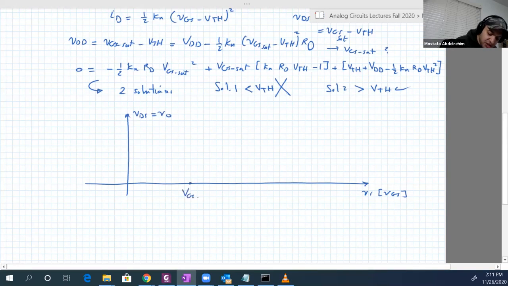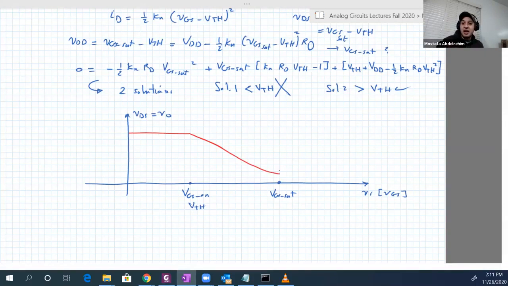We have VGS on, which is V threshold, and we have VGS set, which you can calculate from this very big equation. In the beginning, we will have VDD. Then, as we will see later, it's a quadratic relation between VGS, or V input, and V output. So it will be something like this. It's a little bit curvy, especially at the end.